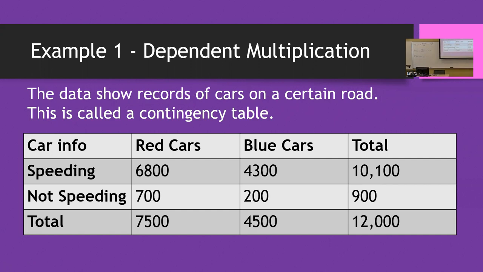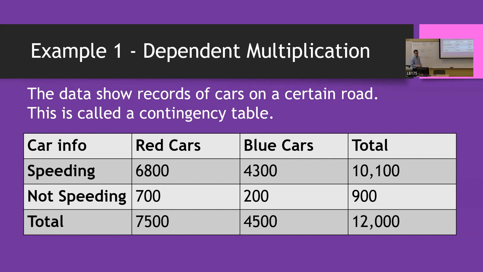Everybody get that? So if I'm given that the car was speeding, now my denominator is how many speeding cars there were, 10,100. And of those 10,100, how many of them were red out of the speeding group?